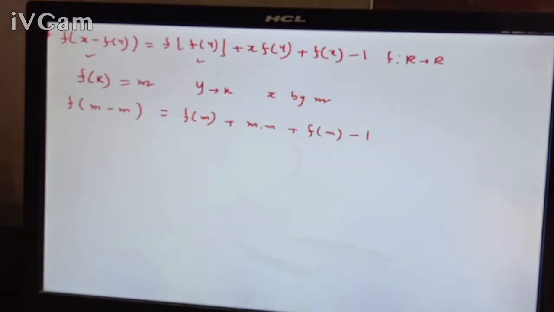Now how can I get the value of f of m minus n? It is also very simple.